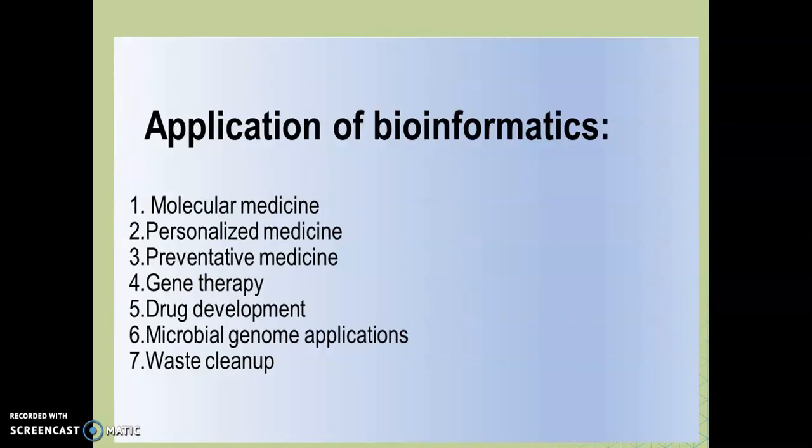Okay. Application of bioinformatics. Why is this system, or this software, so important? It has a lot of benefits. One of them is the manufacturing of medicine, especially point number 2, which is personalized medicine. Since as individuals we are unique, our body will respond to a certain type of medicine in a different way from the others.